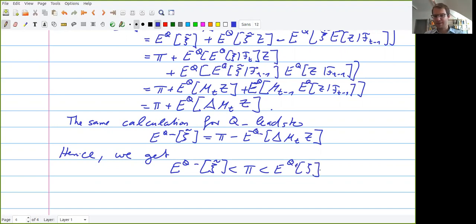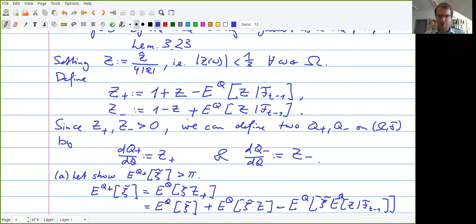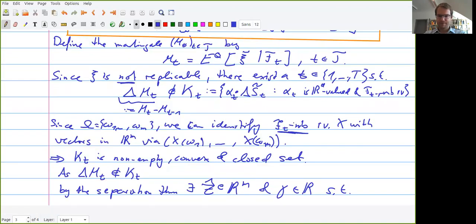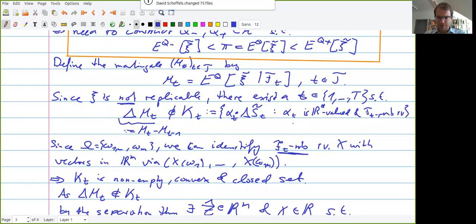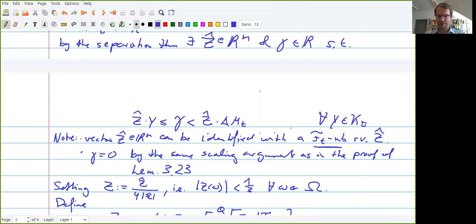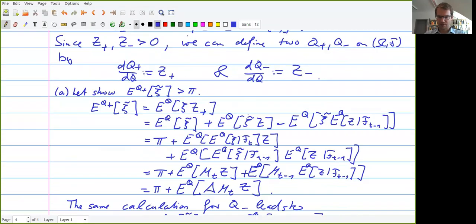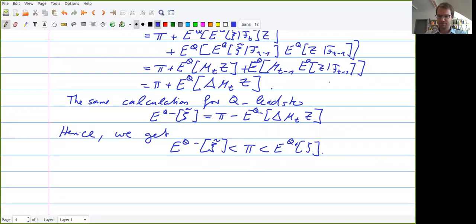There's nothing too much to explain. We just need to ensure that this is positive, whereas our separation theorem, where we started with, says that's bigger than gamma, so that's strictly positive. This ensures this is strictly positive, and this is strictly negative.